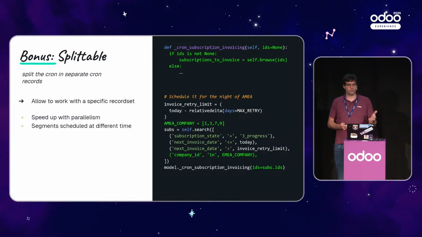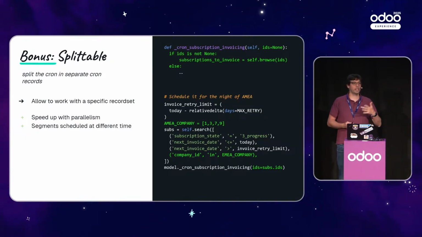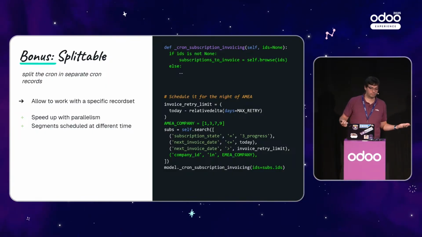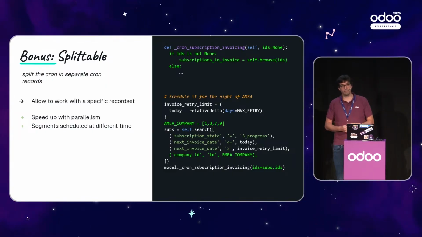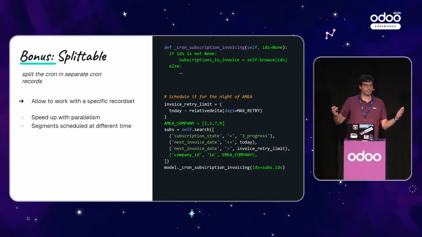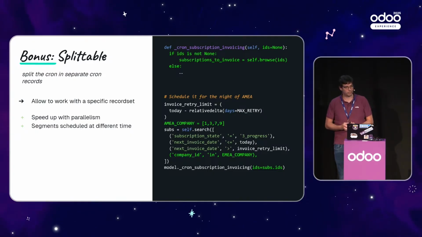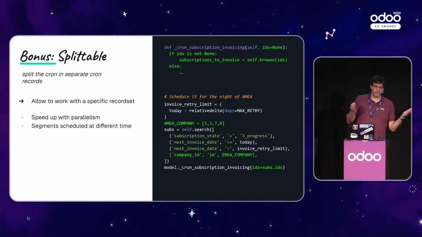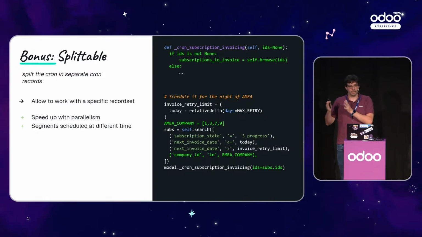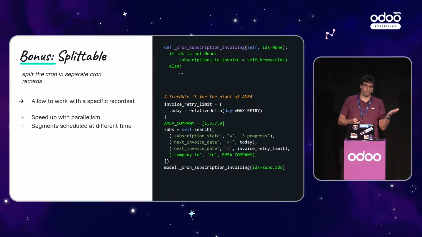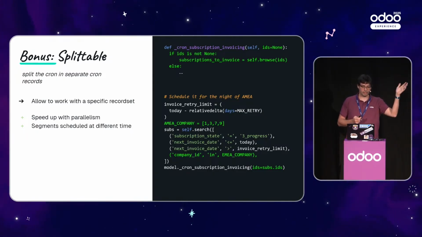But you may also want to split for other reasons. For example, with your subscription invoicing, you don't want to have them running during the work hours. But bad luck, you have companies all over the world, and there is always someone working somewhere in your company. But of course, you can just segment them by continent. So once again, here you will have your IDs in your method.